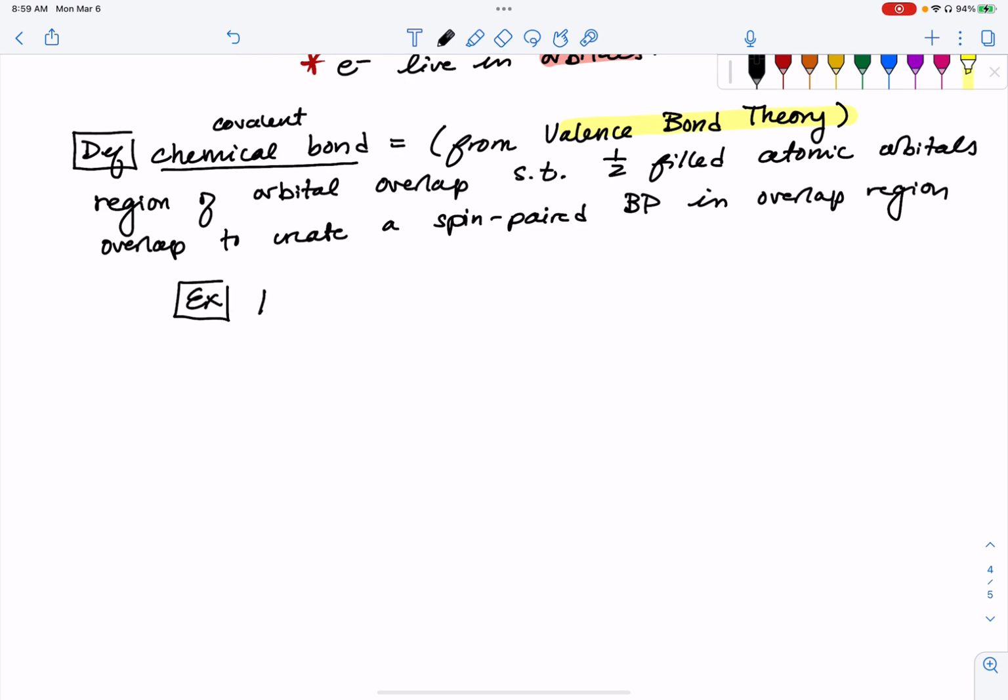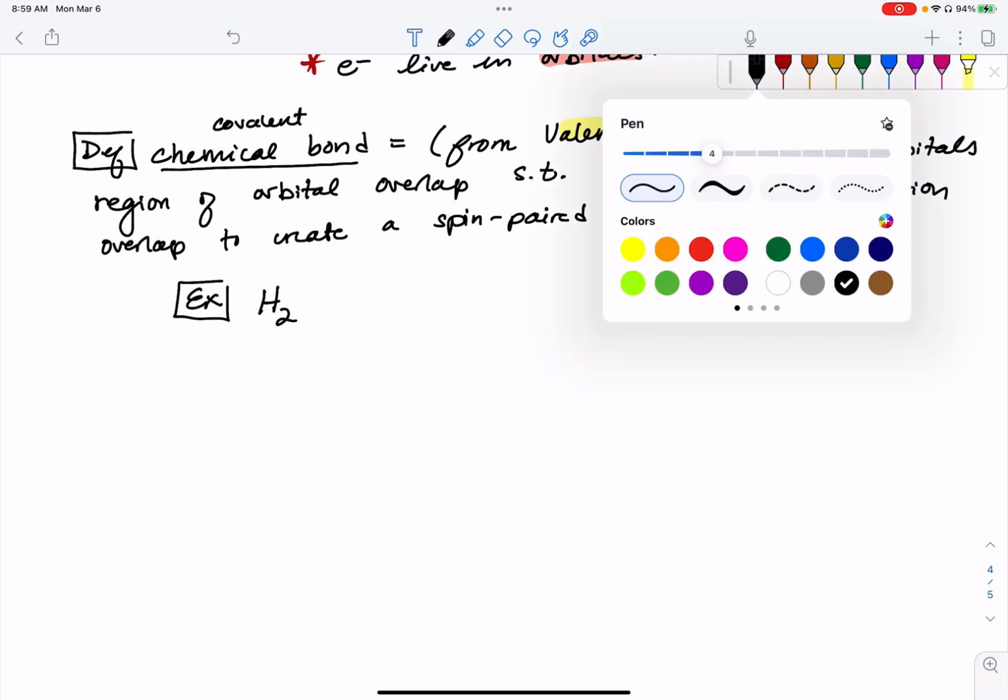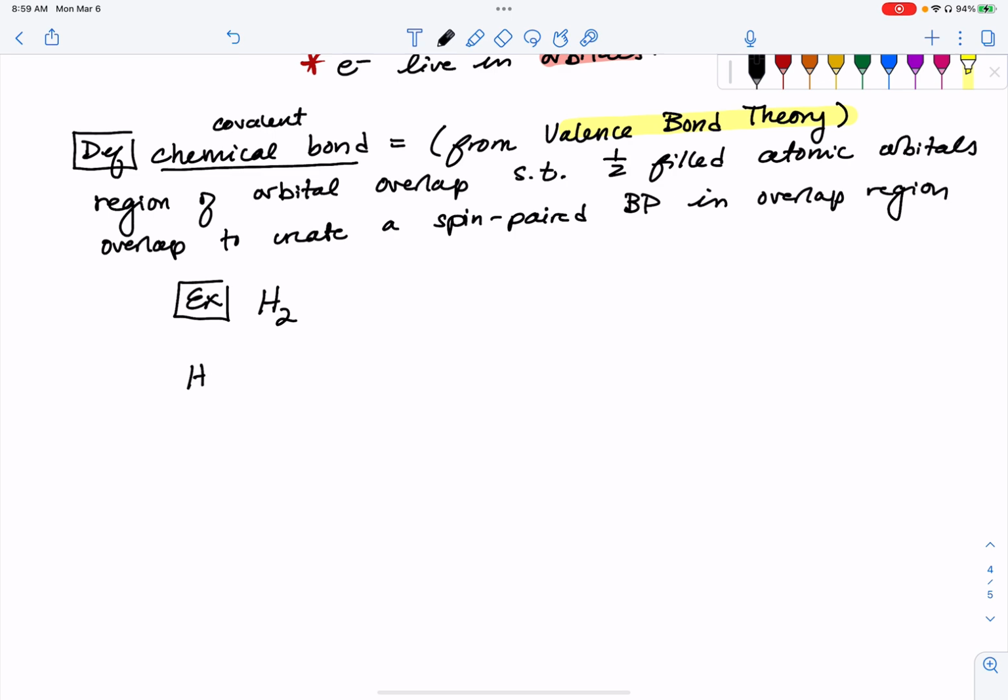Let's look back at H2. So recall, each hydrogen atom has the electron configuration 1s1. If I were going to look at two hydrogen atoms in the Lewis model, I would draw them like this.